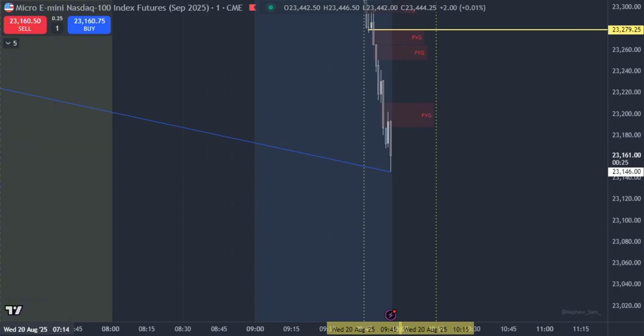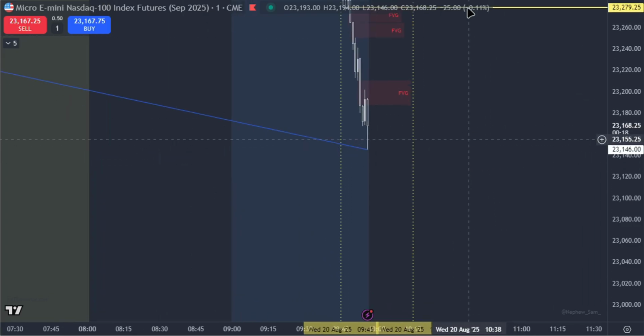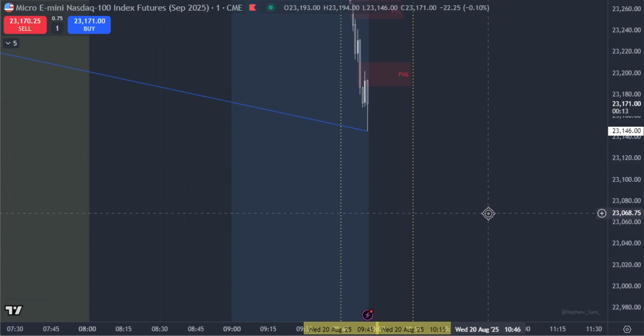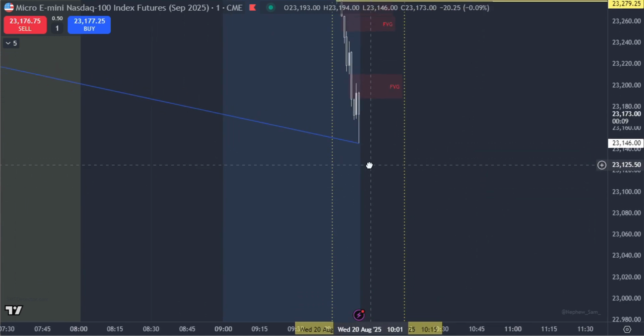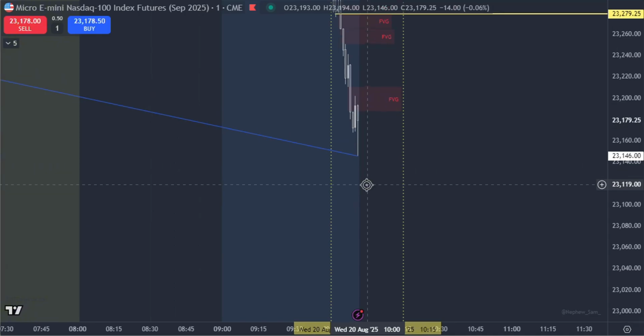So it looks like ES finally took previous week's low. The 9 o'clock candle is closing.